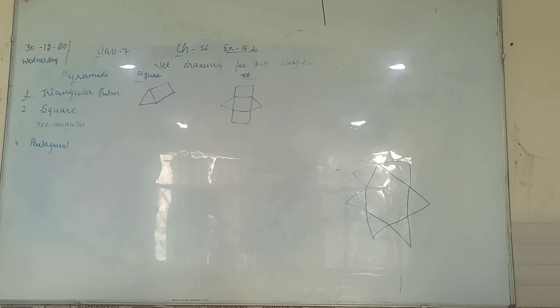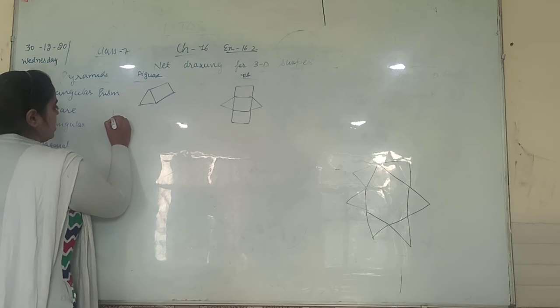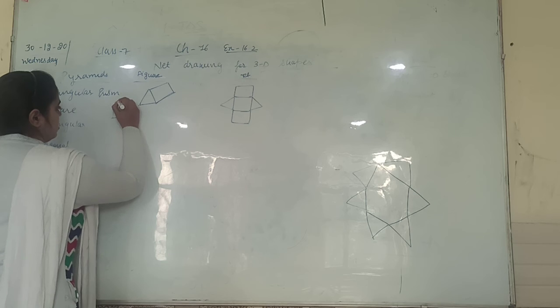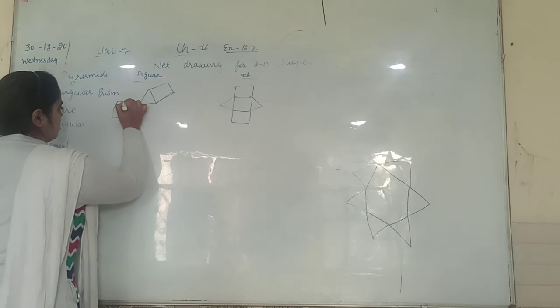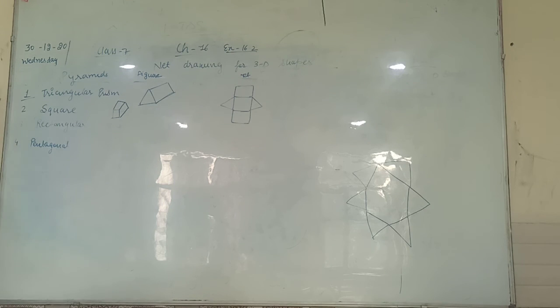Now square prism. Square is here, and then it will be like this, right? So how you will draw the net of this square prism? This will be simple.